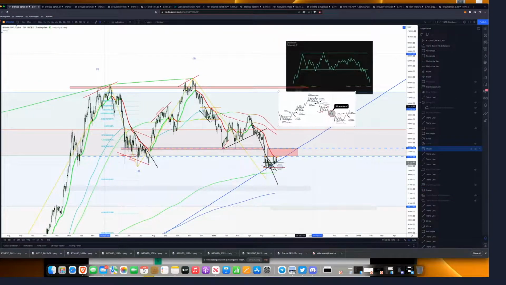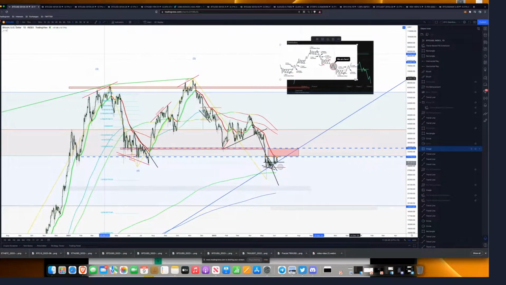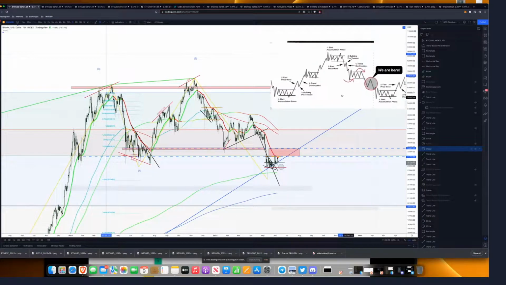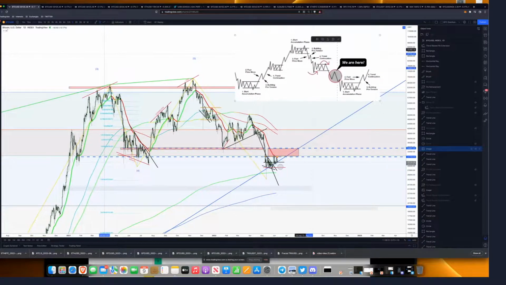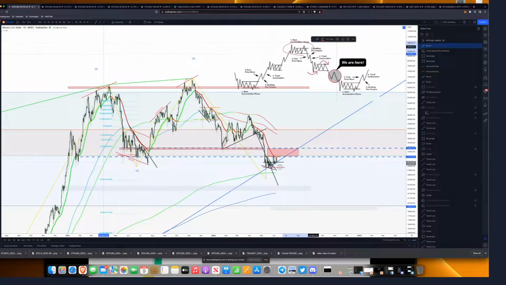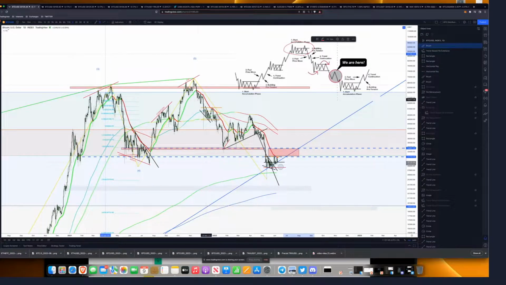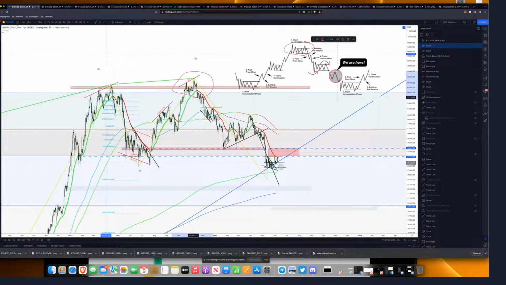Here is the other schematic that I want to apply. We had our phases. Give me a sec. When you look at this other Wyckoff schematic, the distribution took place there, very clear, the top.